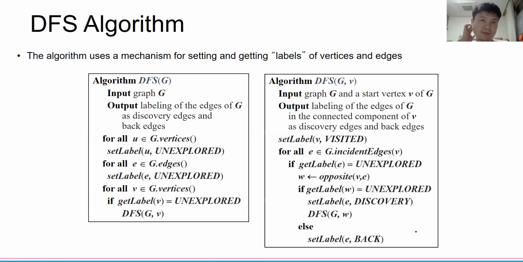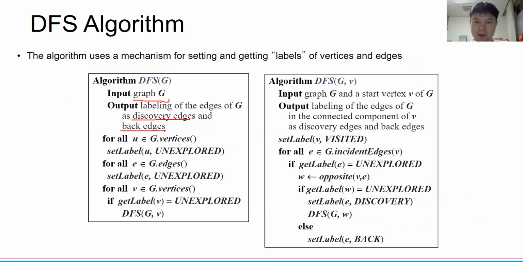This is the algorithm that we are going to use to understand the DFS. We have the graph G, and the output is a labeling of the edges of G as discovery edges and back edges.